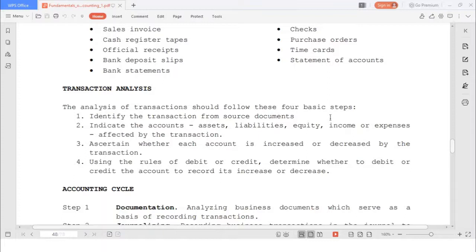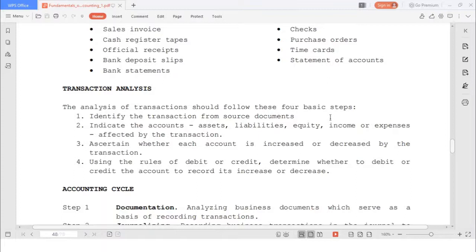So again, rules of debit or credit. Technically, when you say debit, it is the value you receive. Diba? Mo na siya. Kung kag debit, value you receive, credit is value you parted with. Ano siya? Sa business, again, debit, value received. Credit is the value you parted with.